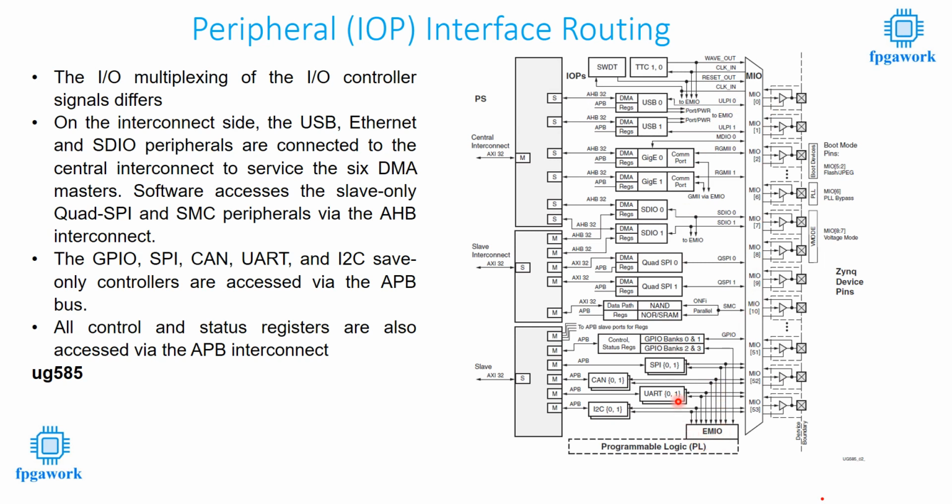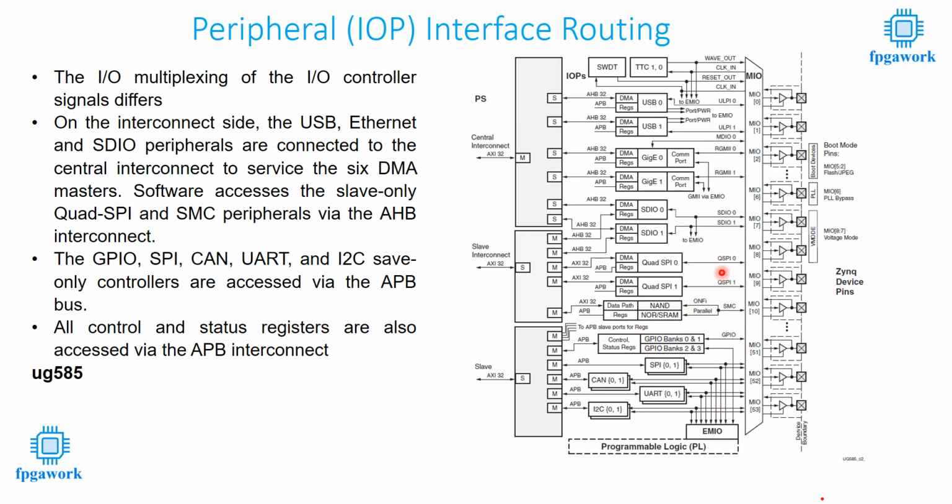For example, UART can be connected via EMIO to PL, or it can be programmed via MIO. For example, USB, where is USB? Yeah, USB can only be routed via MIO. It cannot be routed to PL.